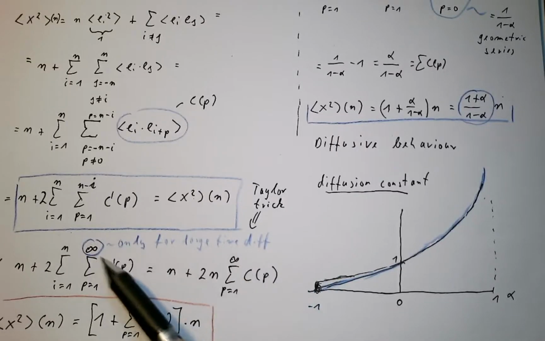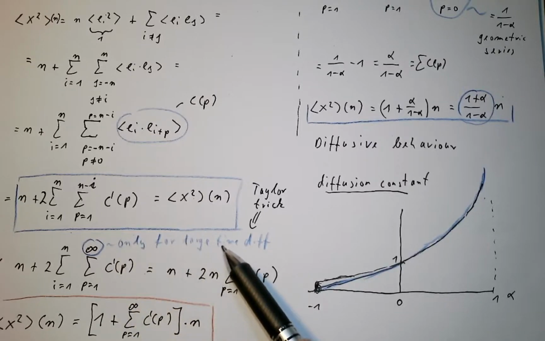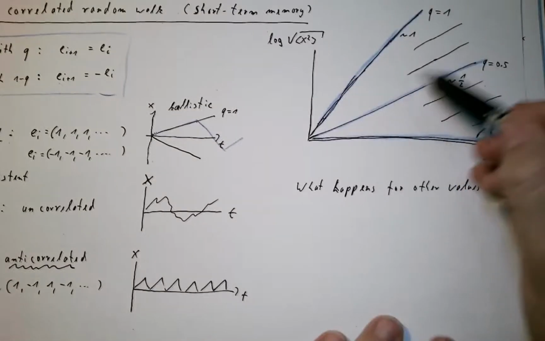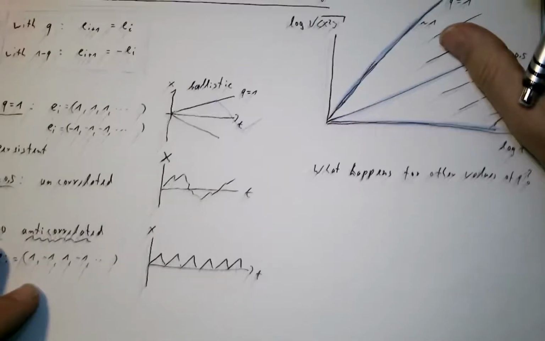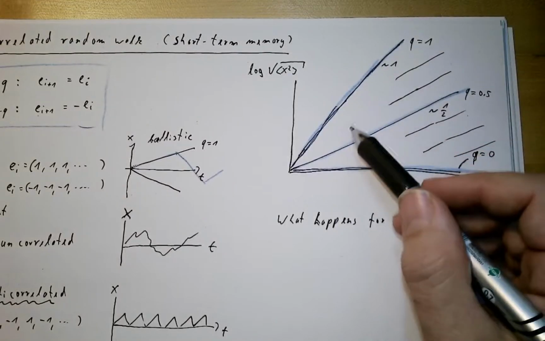And Taylor's trick, where we added new terms in the correlation sum, works only for long enough time difference, because only then we can forget about all the extra terms. This means the diffusive behavior that we have seen here in this example works only if time is long enough.